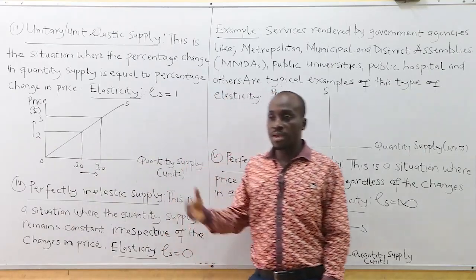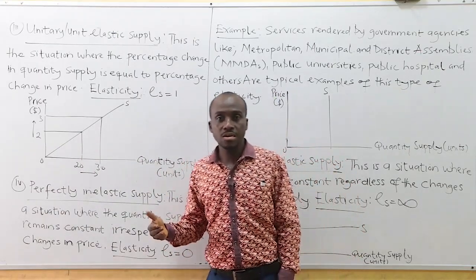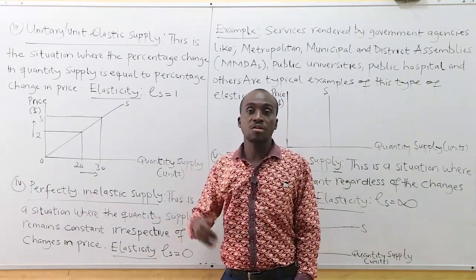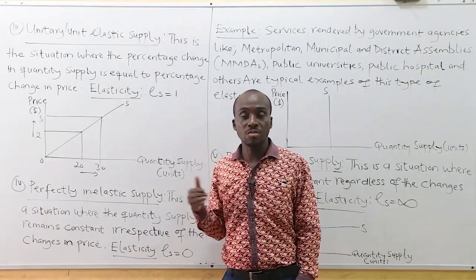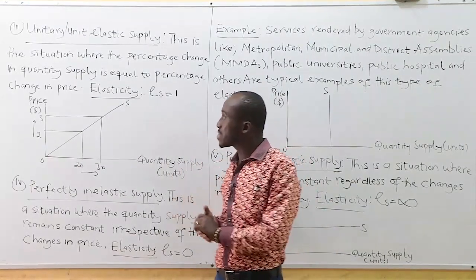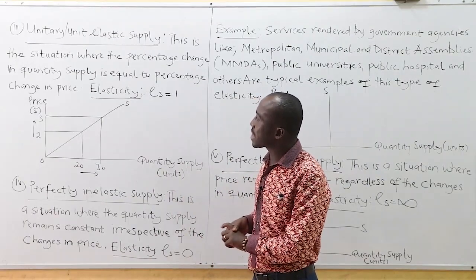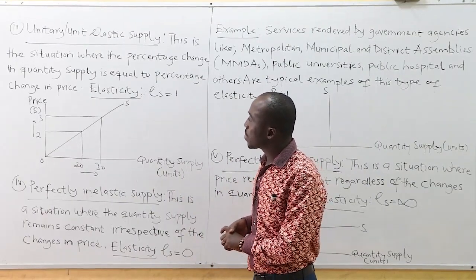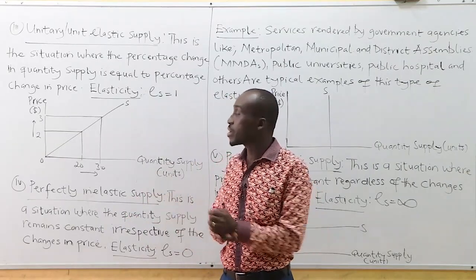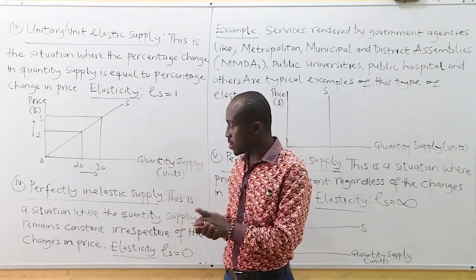If the price of a product increases by 30%, supply will increase by 30%. If the price of a product decreases by 20%, supply will decrease by 20%. So it doesn't have so much to talk about. Unit elastic is where the percentage change in quantity supplied is equal to the percentage change in price, and the elasticity is equal to 1.